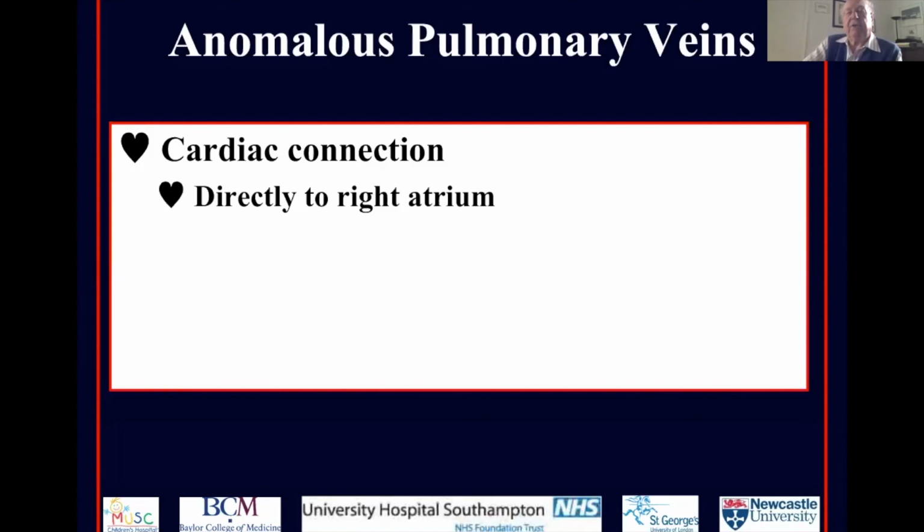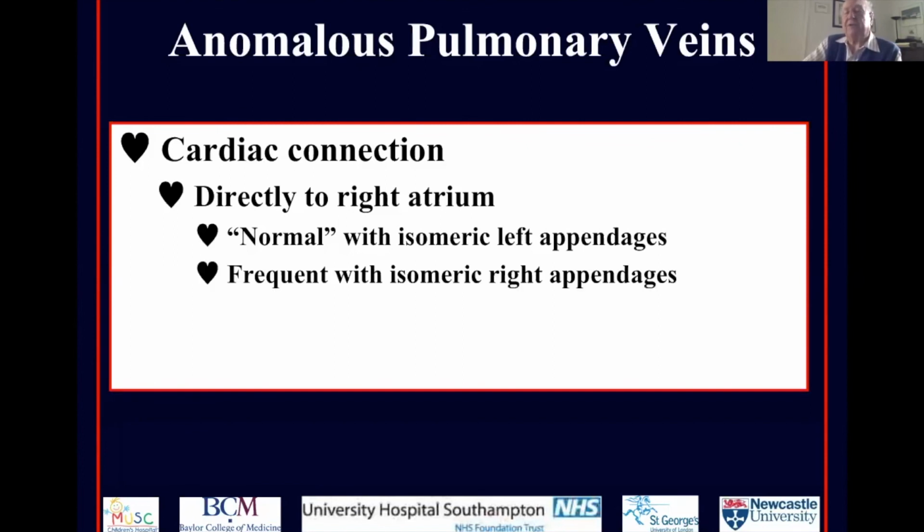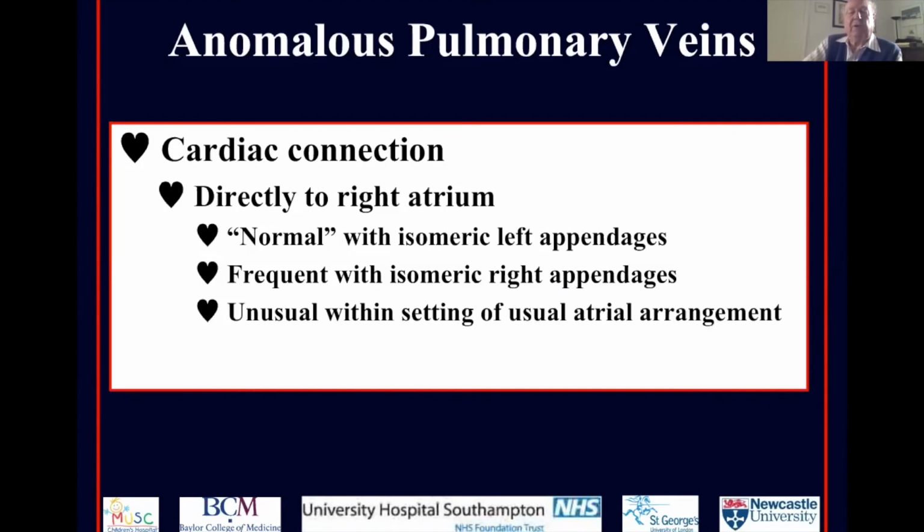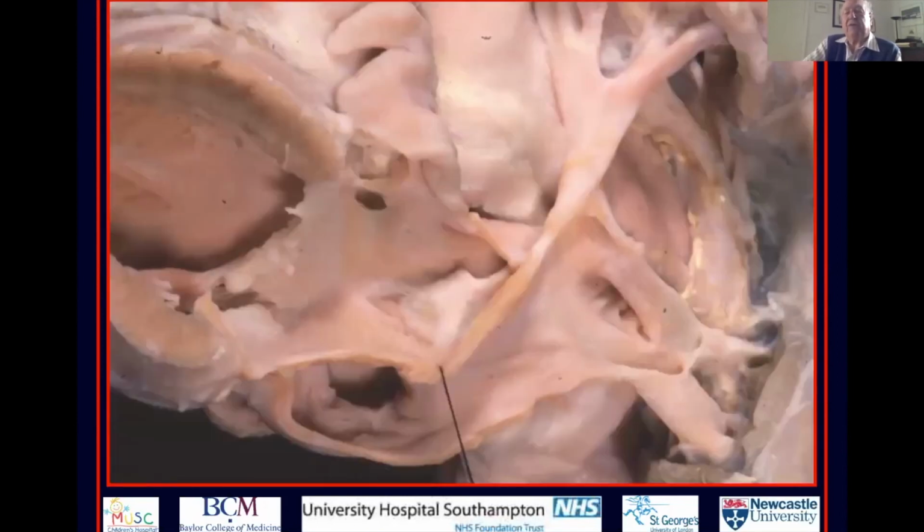Cardiac connection directly to the right atrium is the typical situation when we have left isomerism with veins on either side, so that's not really an anomalous connection, but we see this most usually when we have right isomerism. And it is rare with usual atrial arrangement, because then cardiac connection is typically via the left superior caval vein, as you see here.